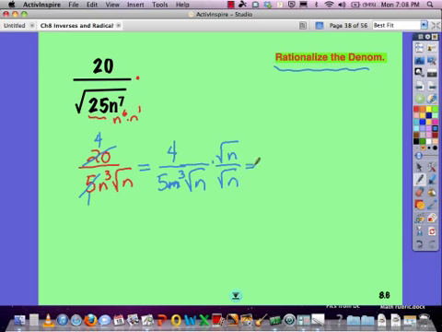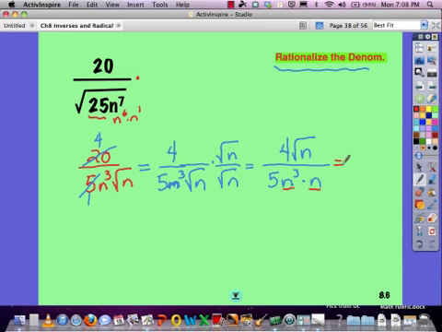Let's try. Let's multiply that first. We're not going to touch the 5n cubed, which has nothing to multiply with, but the square root of n times the square root of n leaves you the square root of n squared, or better known as n. Up on top, we'd have 4 square root n. But if you now look, we have like variables down below.